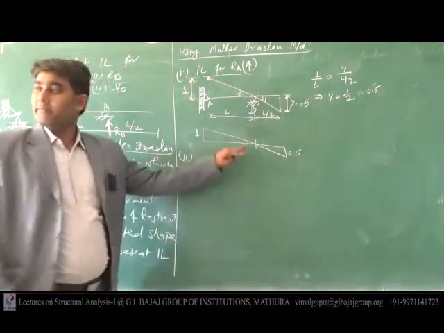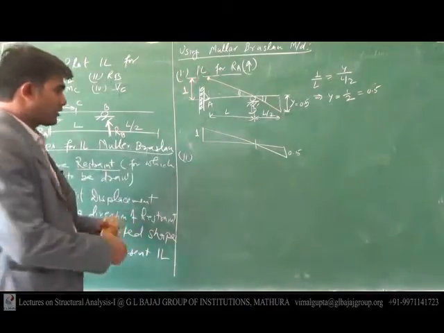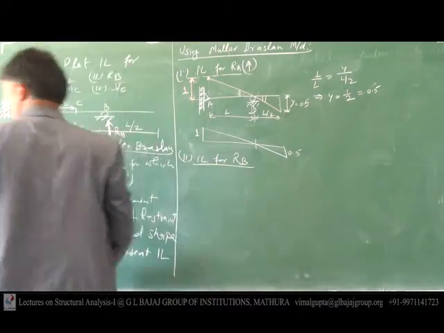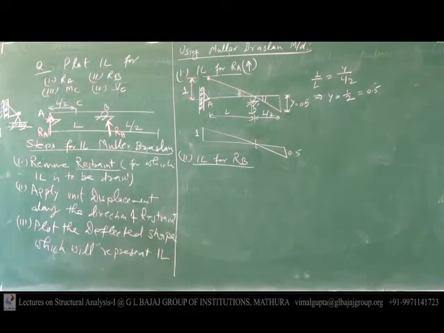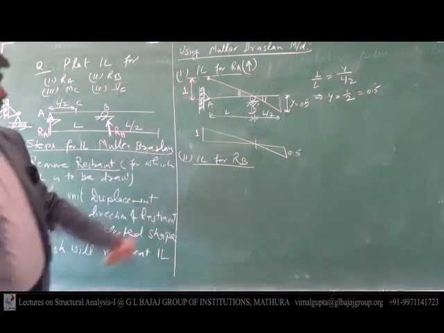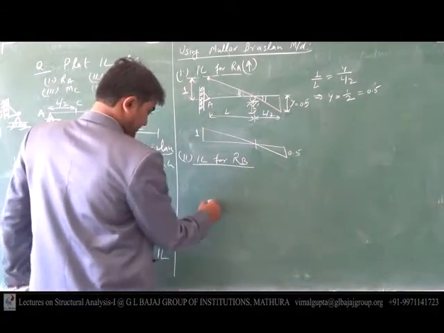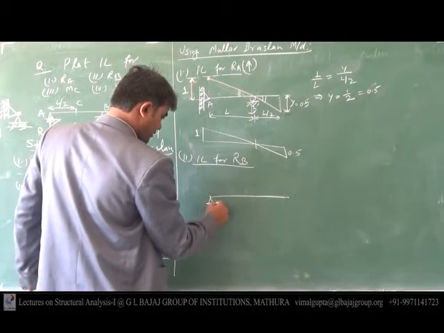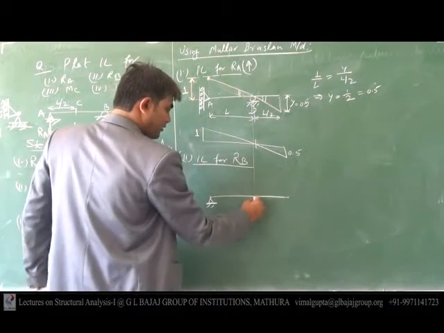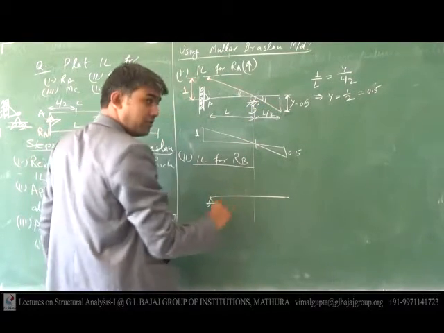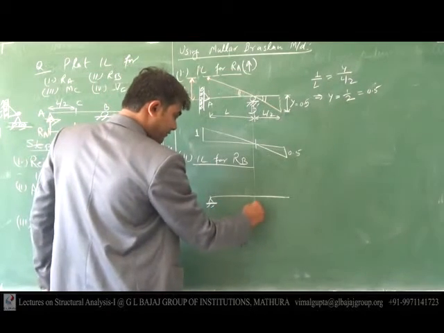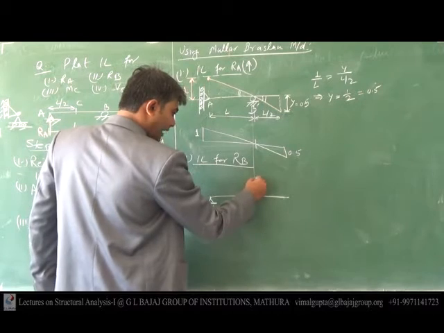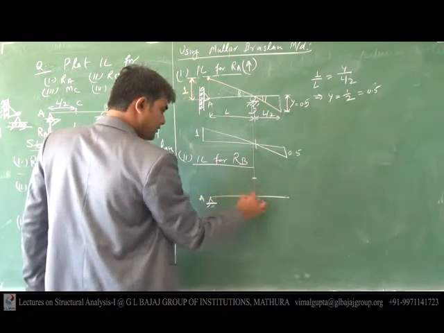Means that one diagram is required to you. Similarly, IL for RB. Calculate. So it's simple. It's very simple. This point B has to be removed, and we have to provide unit rotation.